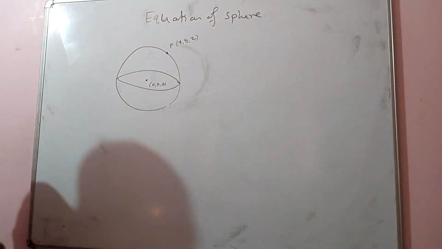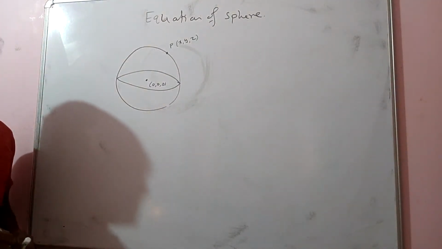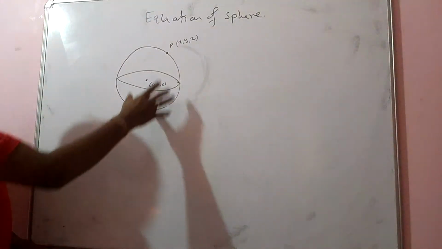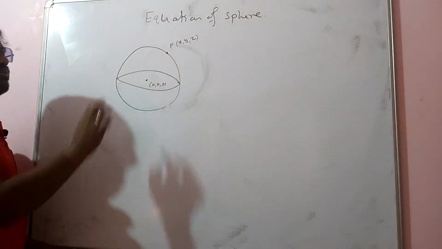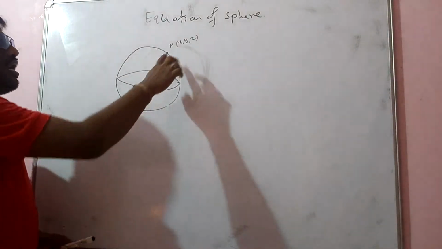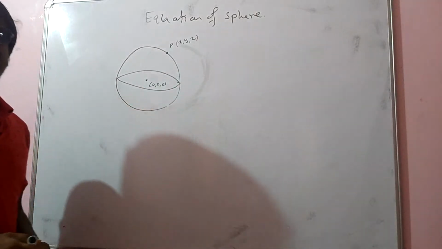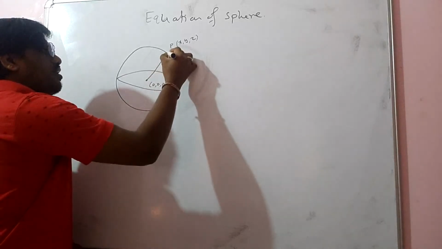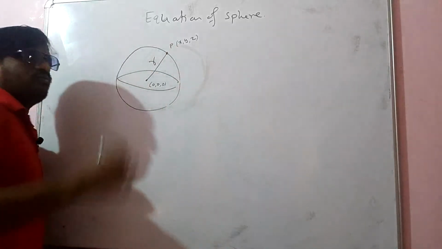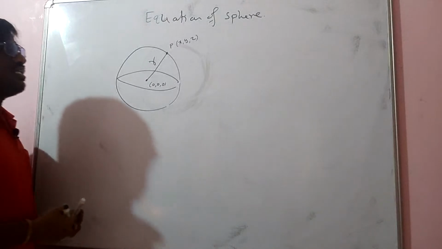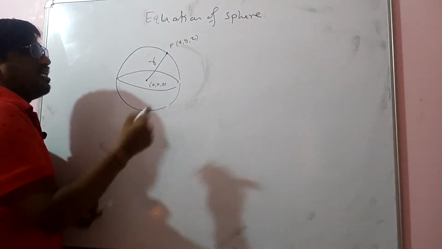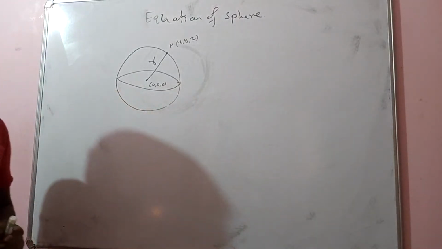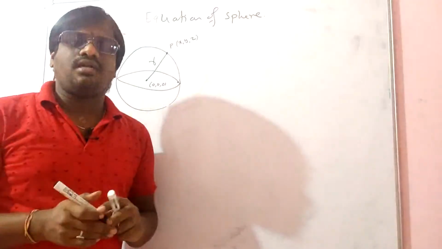Here I am talking about the equation of the sphere. You have a sphere whose center is 0, 0, 0 and a point on the sphere is x, y, z. The distance from the center to any point on the sphere is called the radius.